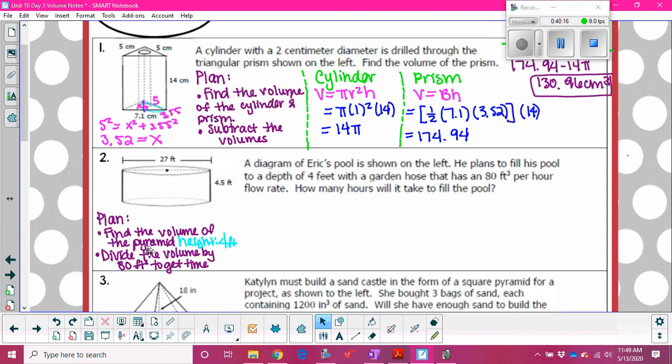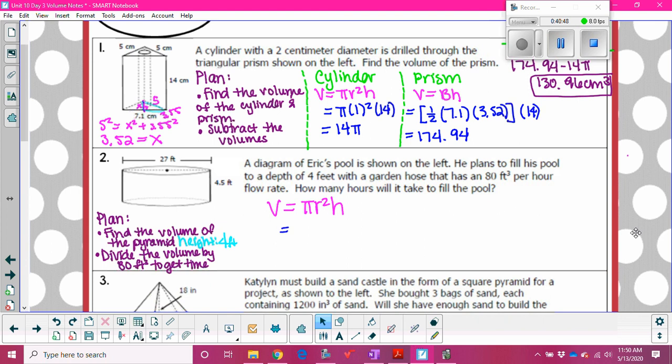So let's look at this. What we have to do is find the volume of the cylinder, knowing that the height is 4 feet, and then divide the volume by 80 cubic feet to get the time, how long it's going to take. Let's go ahead and work this. We know that the formula for the volume of a cylinder is pi r squared times the height. Here we're going to switch up the height a little bit because it needs to be 4 feet.